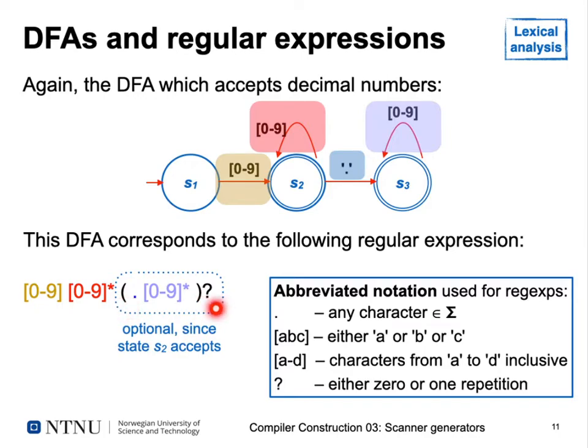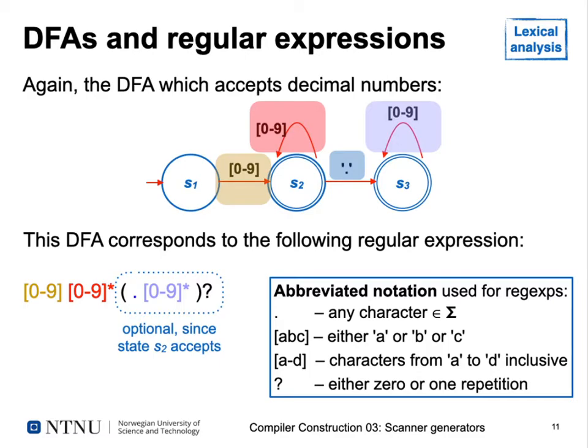And then we add a question mark. This question mark indicates this is optional. So there's either one instance of this whole partial regular expression, or 0, which means we would stop here and just read at least one digit.